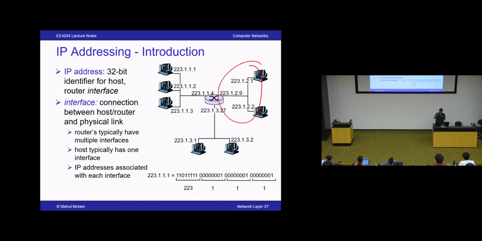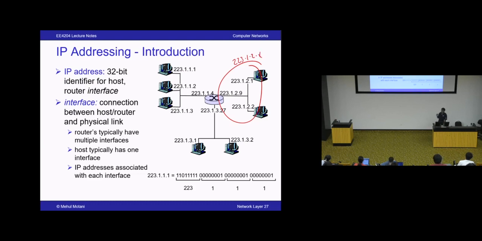Sorry? The .2 is common. Is that it? The 223 is not common? So I asked you what's common about the IP addresses. Yeah, the first 3 numbers. 223.1.2.x. Right?